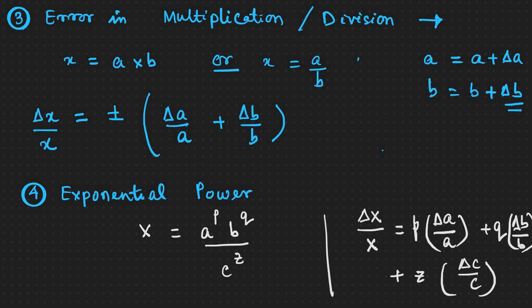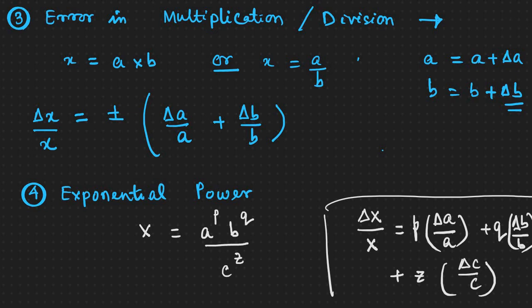Now it's easier to understand, right? I have already shown in multiplication and division. In exponential power, the powers p, q, z are multiplied in front, and all the relative errors are added, so that we can see how much relative error we get.